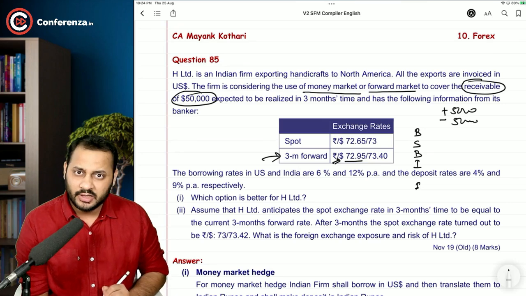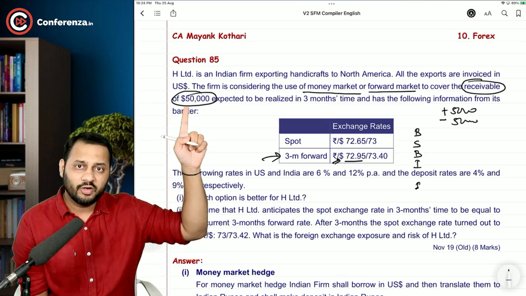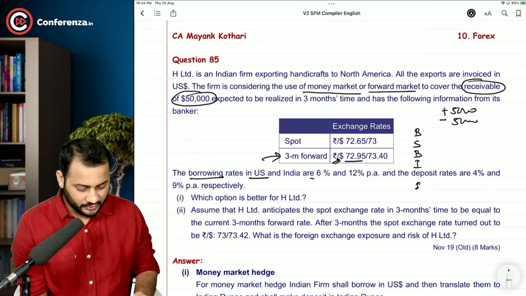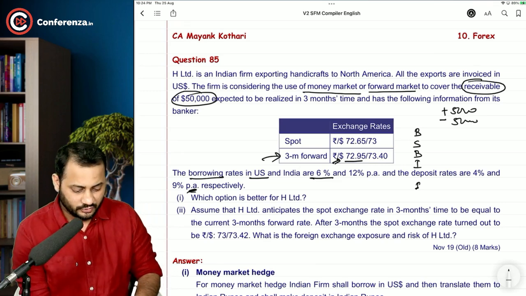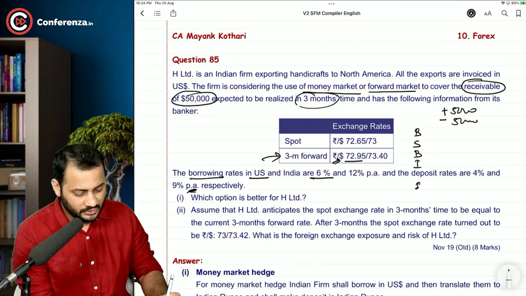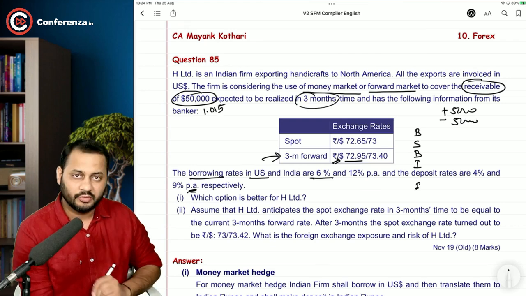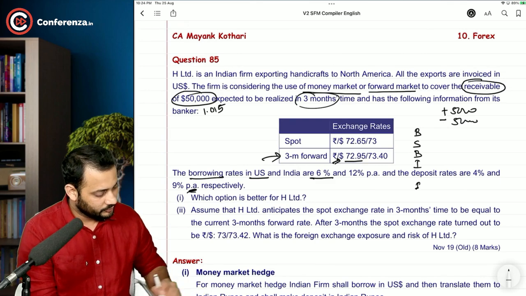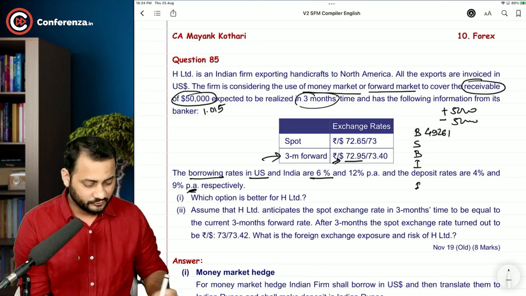Create 50,000 liability, and for that purpose you will have to borrow the present value of dollar. Borrowing rate of dollar is 6% per annum, and this is all for 3 months. So how much percentage for 3 months? $50,000 divided by 1.015, 1.5%. How much are you going to borrow? 49,261.